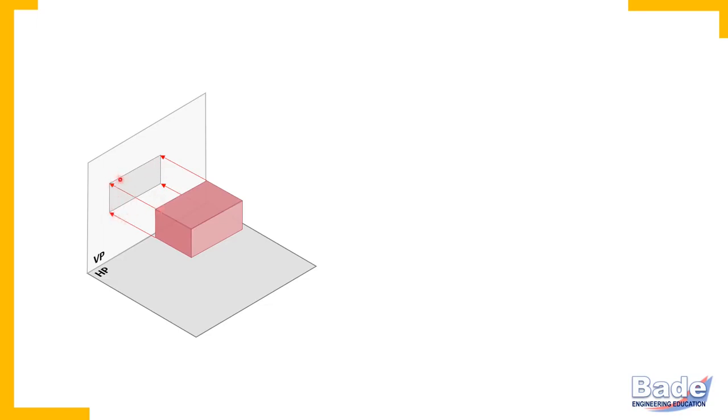So the view in VP or projection of the object on the VP, that is the front view. When you watch the object in the direction perpendicular to HP, and whatever you can see, all those details to scale you draw on the HP, that is projection on HP, nothing but the top view.